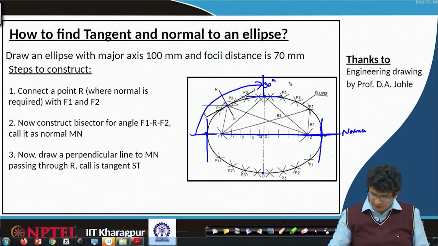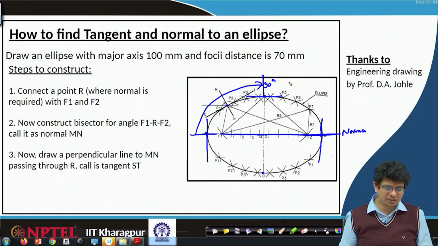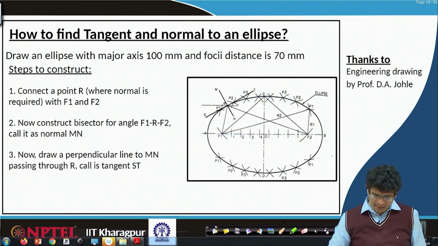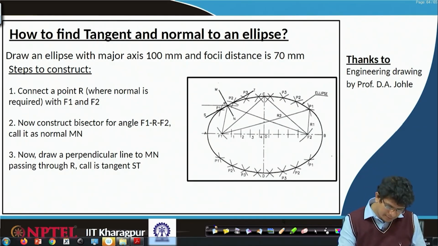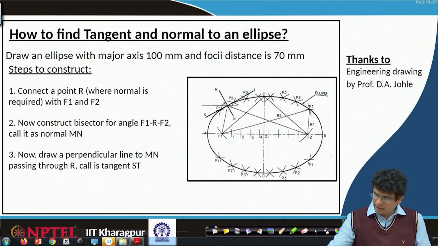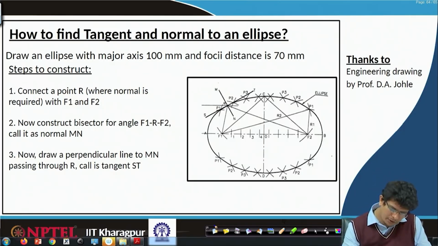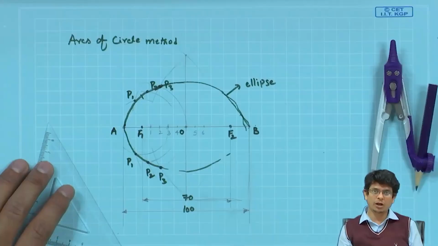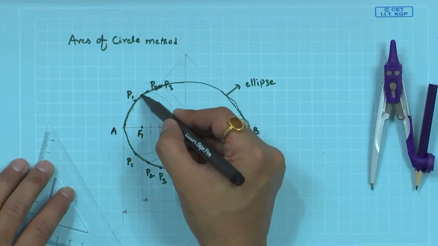So, let us construct this normal and tangent on the sheet. We have a part of the curve here on the drawing sheet. Now, let us identify a point somewhere here. Let us consider this is the point where I would like to construct the normal on the drawing sheet.